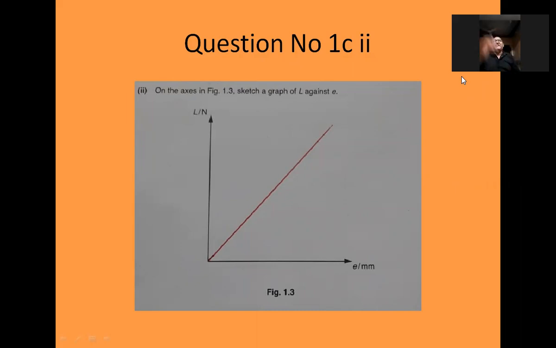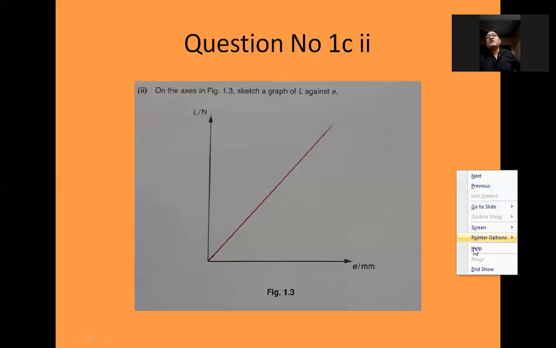You can see that this is that graph. The load is on the y-axis and the extension is on the x-axis. And we know that the load and the extension are directly proportional to each other, so their graph will be a straight line passing through the origin. So this is question number 1C and its second part.